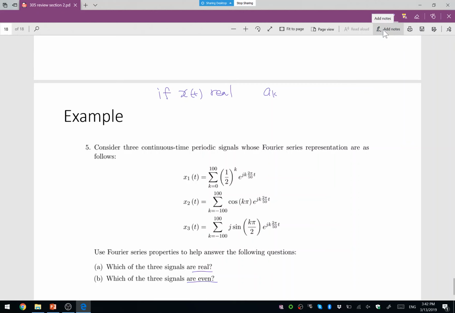So a_k should be conjugate to a_minus_k. That means the real part of a_k equals the real part of a_minus_k, and the imaginary part of a_k equals the minus imaginary part of a_minus_k.